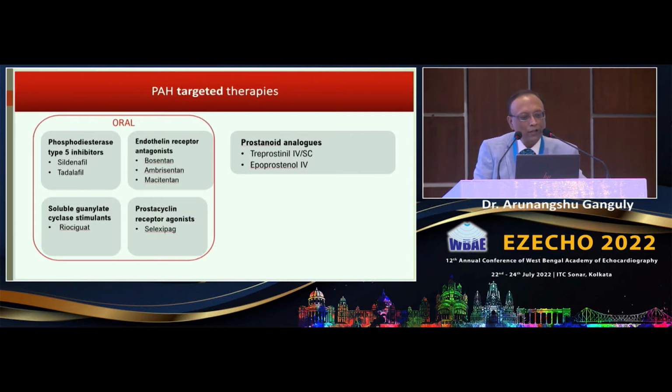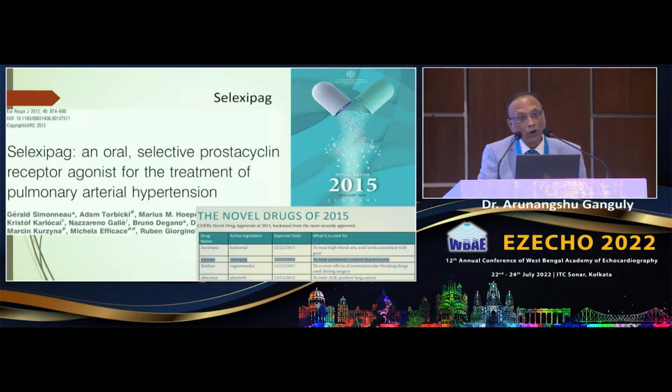So far, oral therapies were concentrated only on ERAs, the guanylate cyclase stimulators and phosphodiesterase 5 inhibitors. Prostacyclin receptor agonists were there only as IV. Selexipag is the first one which is oral.